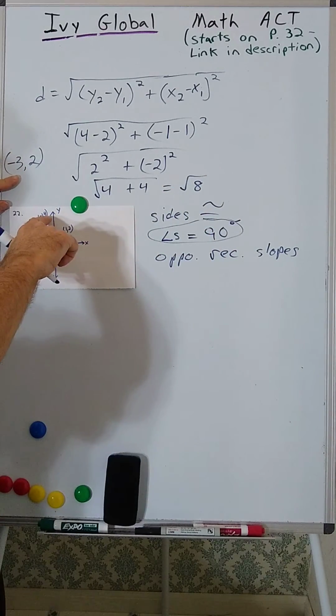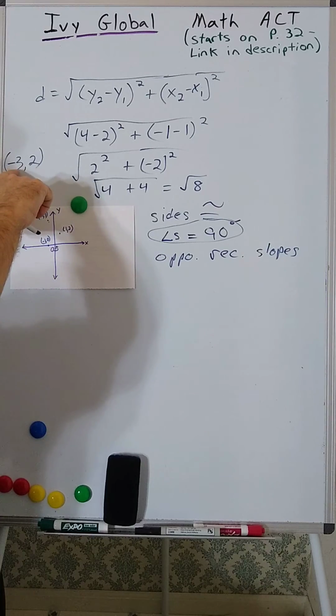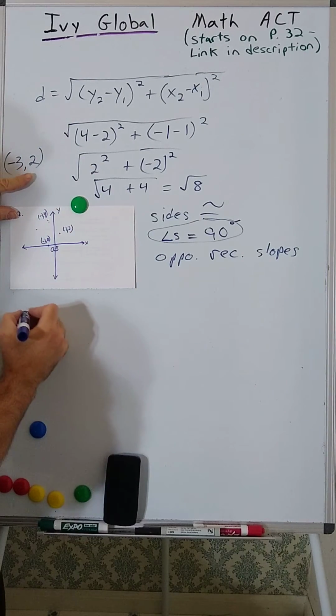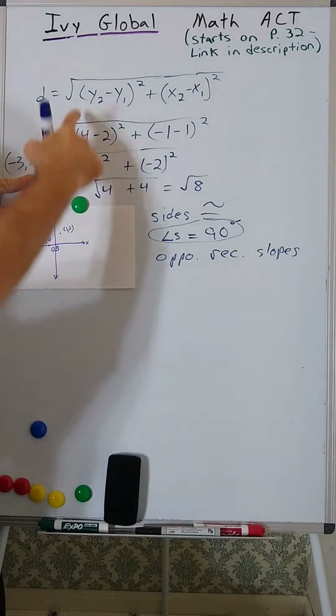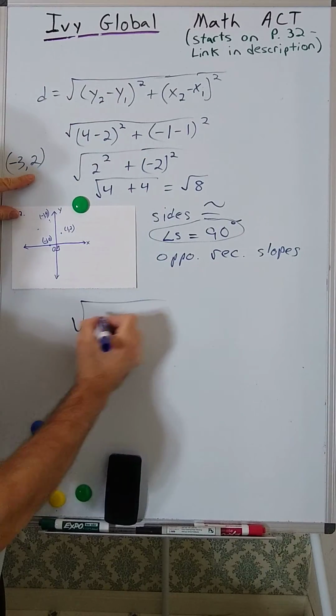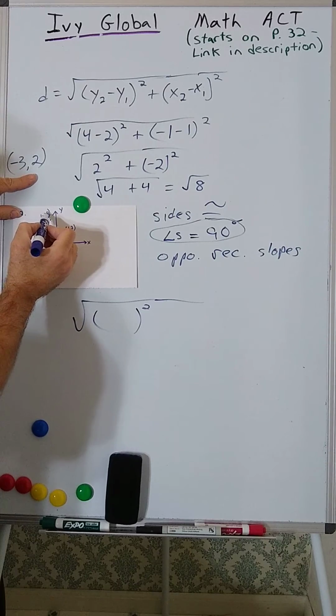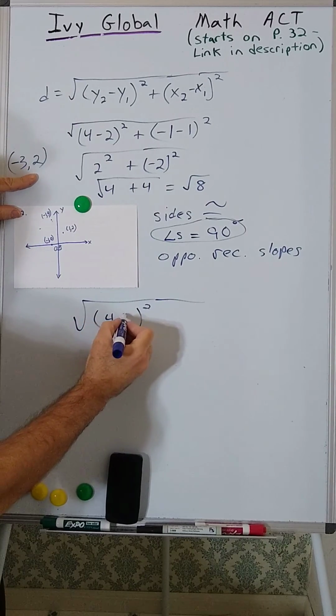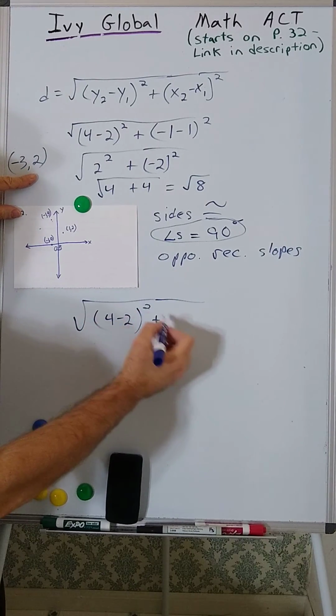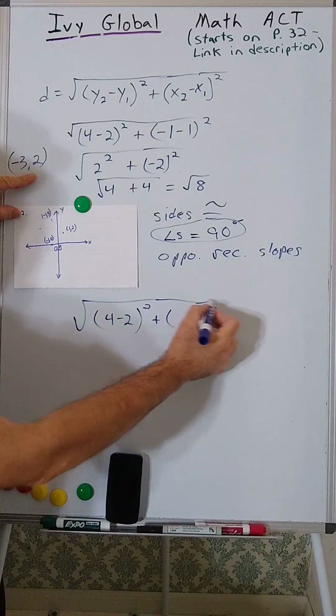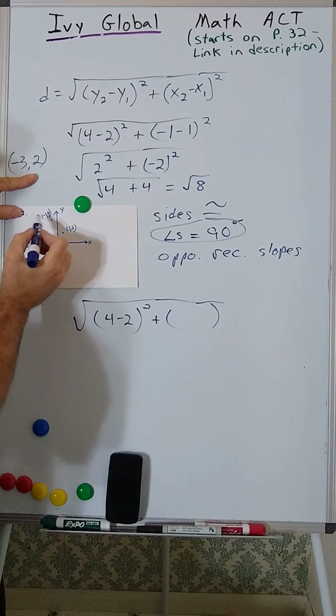All right, so we're checking negative 1, 4 and negative 3, 2. So we want to find the difference of the y values. So 4 minus 2, and then we square that. We want to find the difference of the x values.